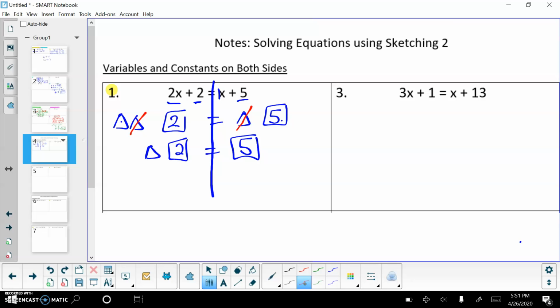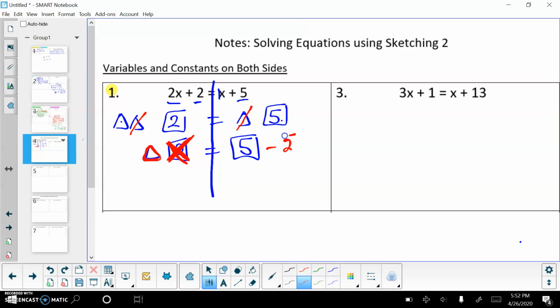Well, the thing is we always want to get the triangle, I'm highlighting it here, by itself. And right now it's not by itself, it's got that 2 cube with it. So if I take away that 2 cube, now that triangle is left by itself. But if I take away the 2 cube from the left side, I have to take it away from the right side. So take away is a subtract.